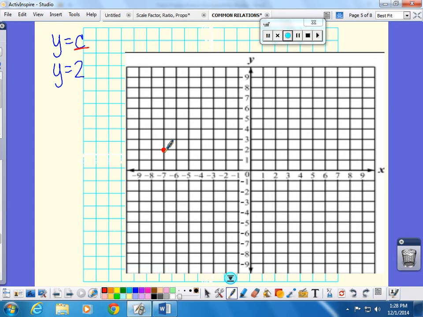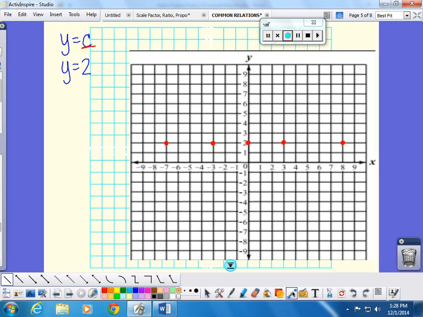Negative 7, 2. Negative 3, 2. 0, 2. 3, 2. We only went to 5, 2. Okay. But my point is, still, good point. But still, what kind of line formed there, guys? Horizontal. So if I have y equals a number, I'm going to have a horizontal line.